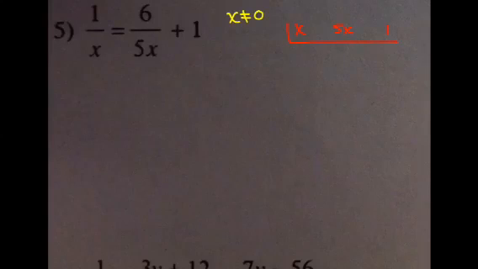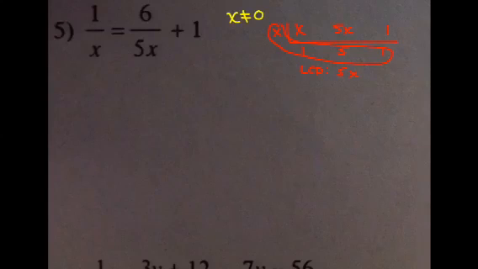The x, I'm going to take out the x, so that's going to give me a 1, a 5, and a 1. And so there's no more common factors in any pair. In that last row, 1, 5, 1, no common factors, right, in any pair. So that would be your LCD, 5x. And that's what we're going to multiply each term by.